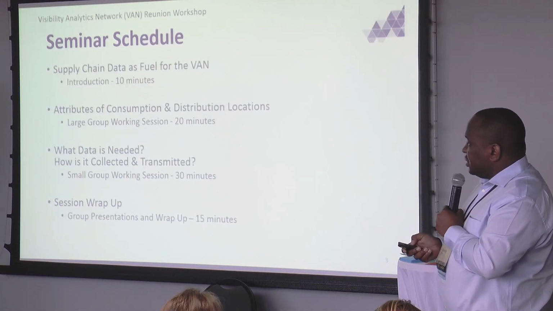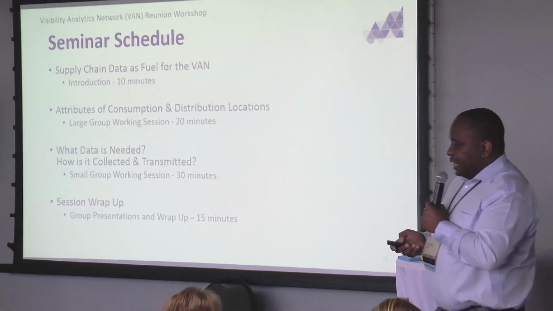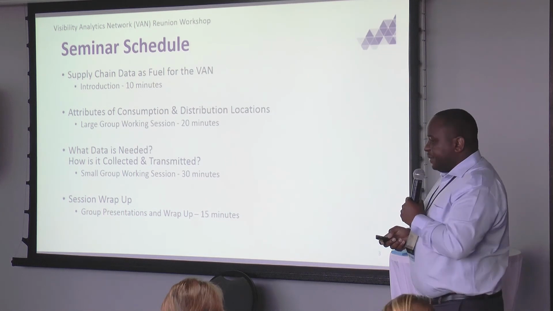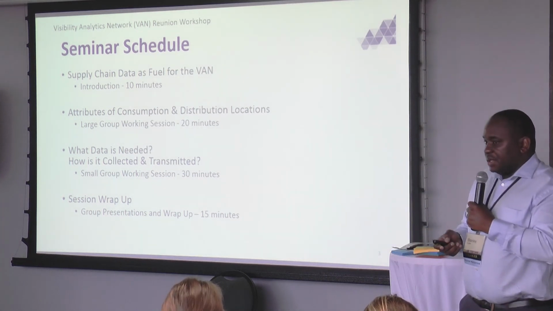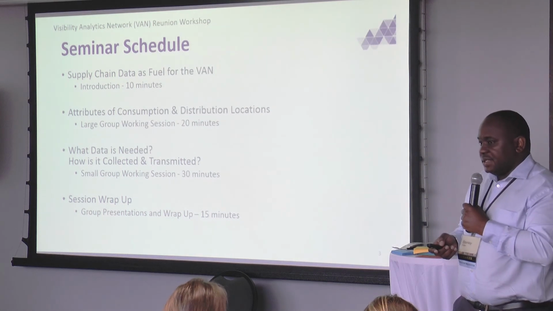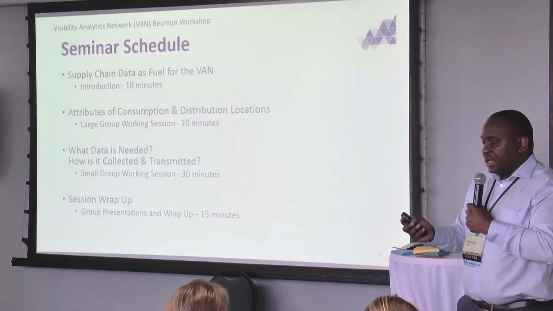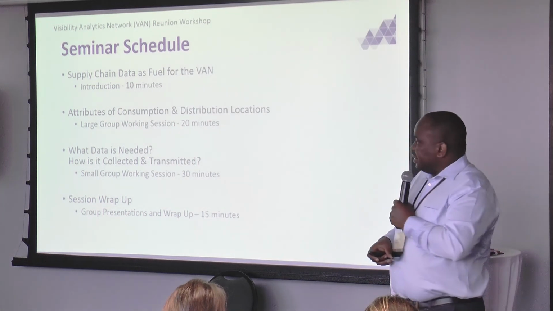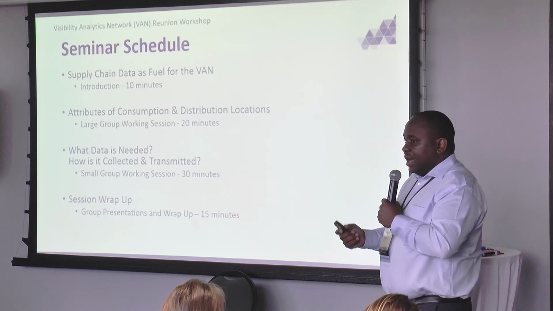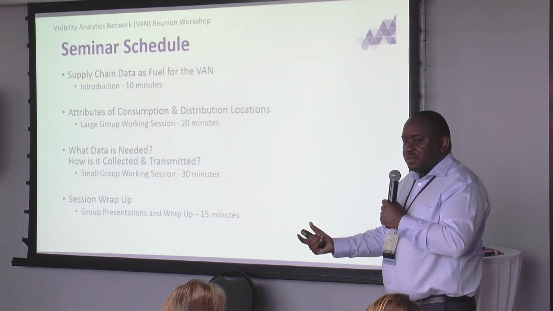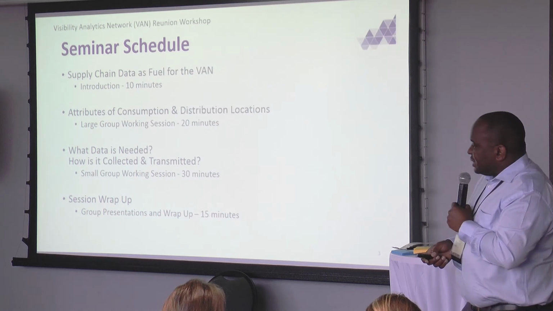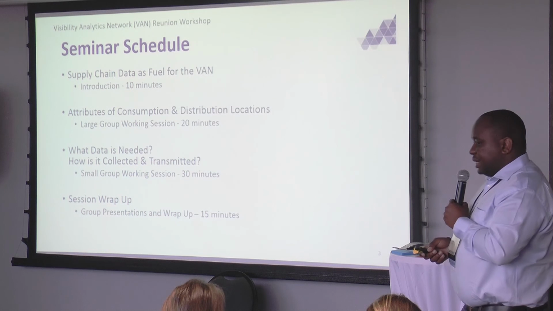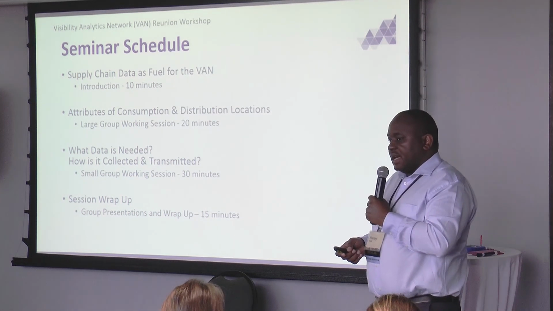In terms of our schedule, just a brief intro, then our first activity will be looking at defining the different consumption and distribution facilities that are within the value chain of healthcare. This we'll do as a large group, just to define what these facilities are, classify them, and give them some attributes that define them. Then the second exercise is to look at what data is actually required.